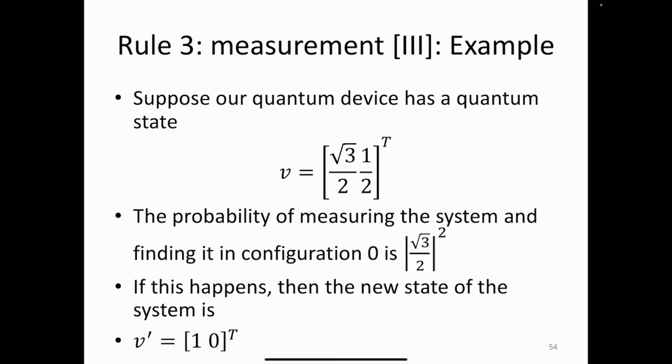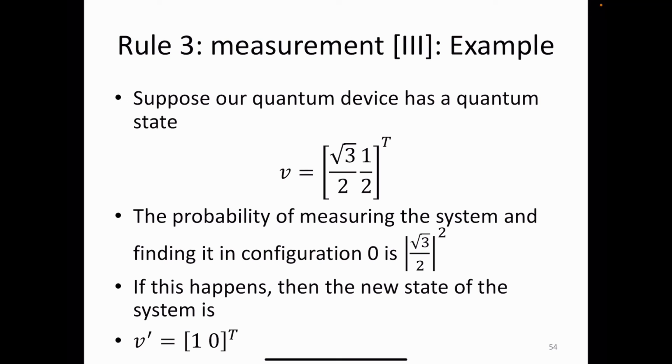So suppose our quantum device has a quantum state V, which is given by square root of 3 over 2 for configuration 0, and for configuration 1, it's 1/2. And again, we look at the transpose here. And the probability of measuring the system and finding it in configuration 0 is given by the absolute value of square root of 3 over 2 squared.